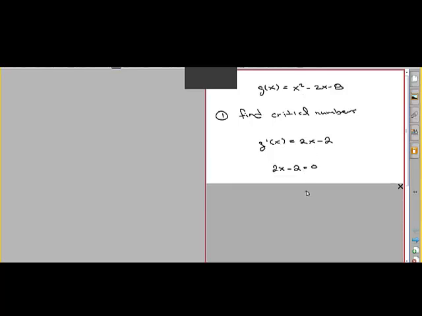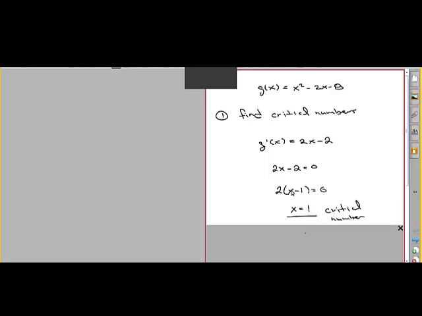Set the derivative equal to 0, or where the derivative of the function does not exist. Well, this exists at all numbers, so we just have to find the values of x where that goes to 0. So we set it equal to 0, and you can factor out a 2. If you solve that, when x equals 1, this goes to 0. So we have one critical number at x equals 1.